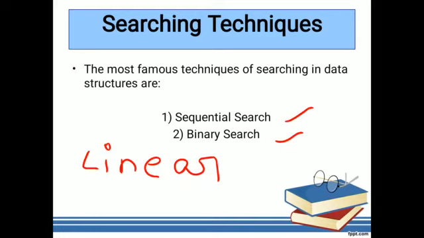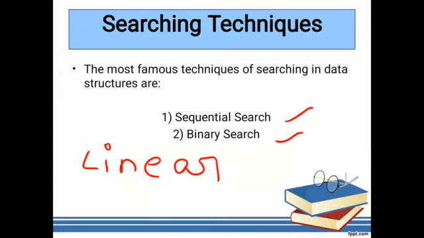If the element is matched, then definitely it will give it as a result. If it has traversed from first to last and the element is not present, then it will report that the element does not exist. So it gives the report by traversing from the first element to the last element. That is called linear search or sequential search.